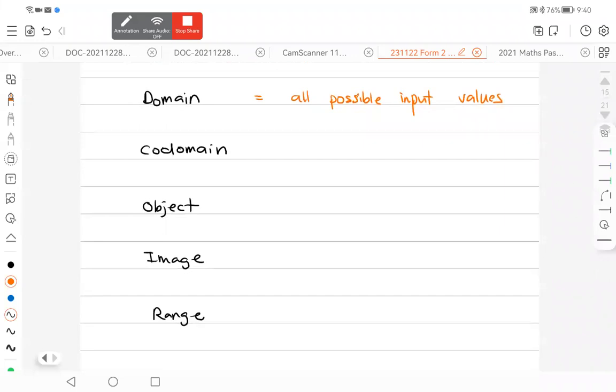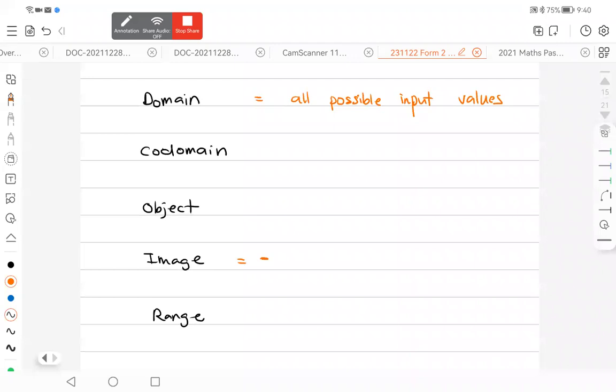Okay, next. Elements in the codomain that is related to the object. Again, elements in the codomain that is related to the object. So it refers to the elements, which is image.